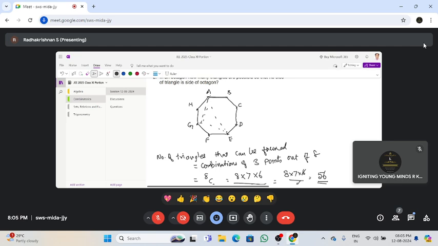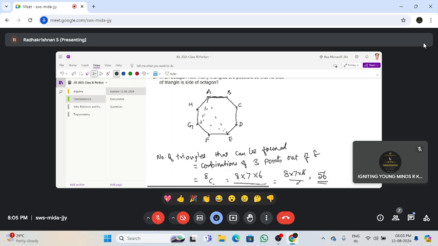With AB, how many triangles are there? ABC, ABD, ABE, ABF, ABG, ABH, right? So those triangles will all have AB as a side, correct?